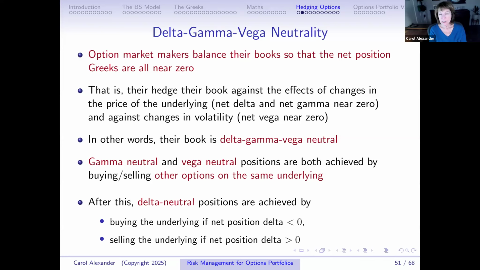In particular, after you've added the other options to make it gamma neutral and vega neutral, take everything together, then find the net position delta. If it's negative, you're going to have to buy the underlying. If it's positive, you're going to have to sell the underlying. So if your net position delta is negative, buy. If it's positive, sell.